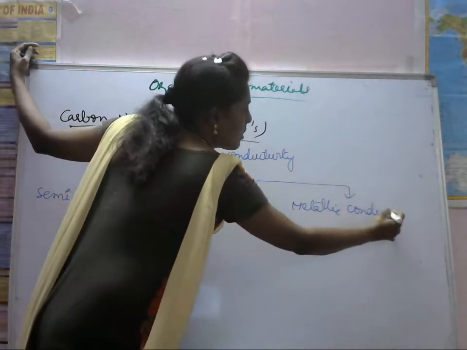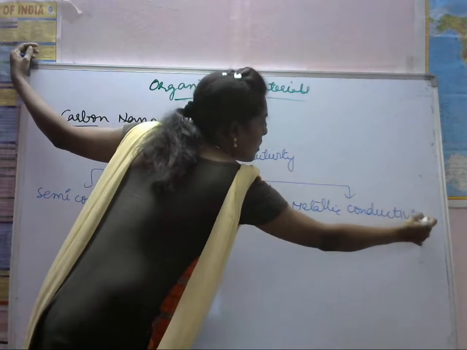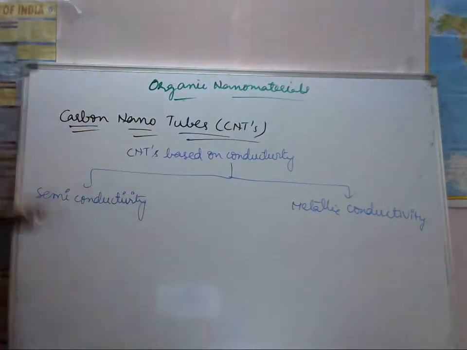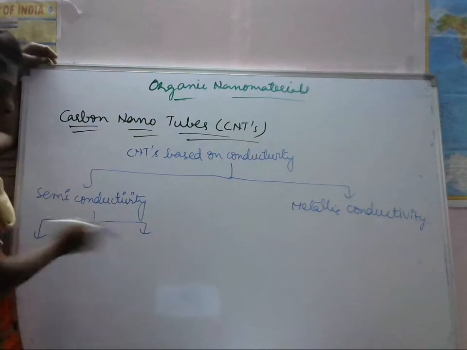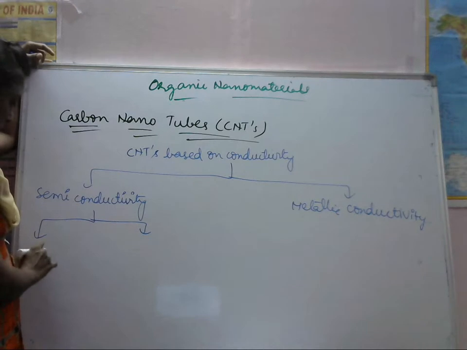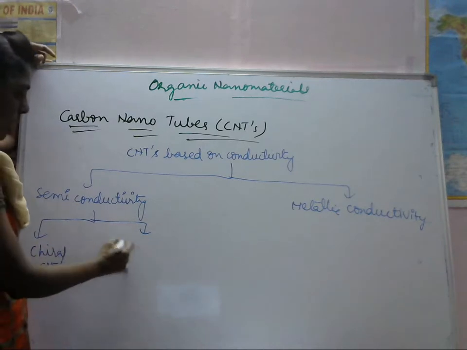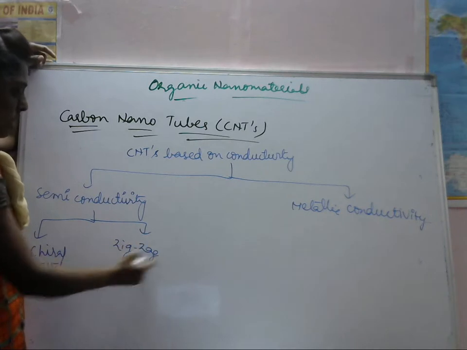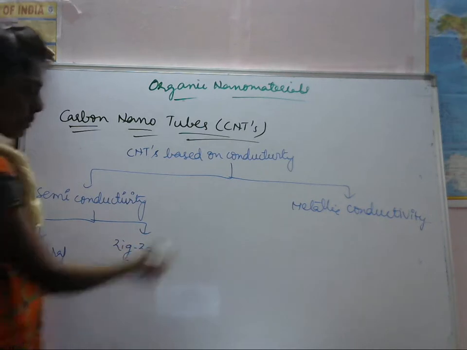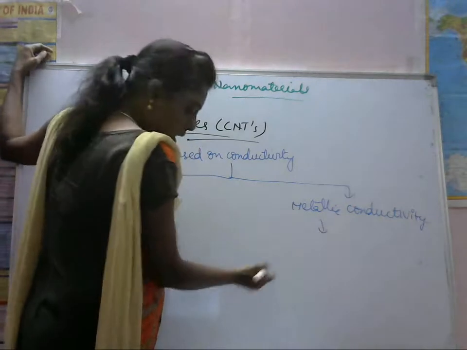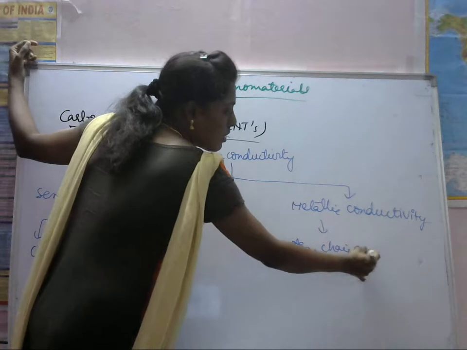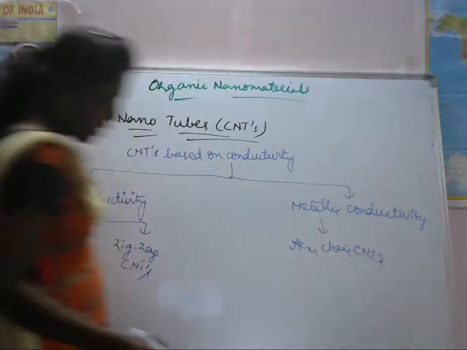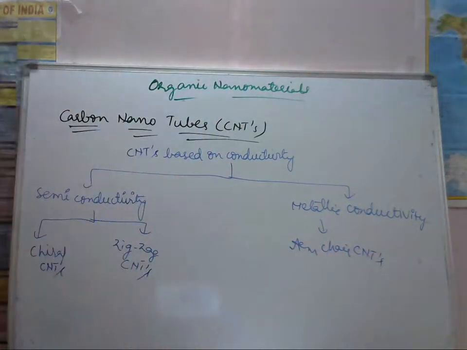Okay, so two types are there. Before, we already had chiral CNTs and zigzag CNTs as semiconducting. Metallic conductivity should choose the armchair CNTs. Okay, armchair CNTs. Let's see the zigzag one.